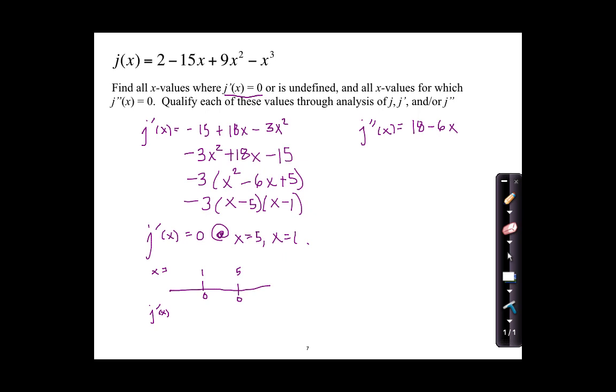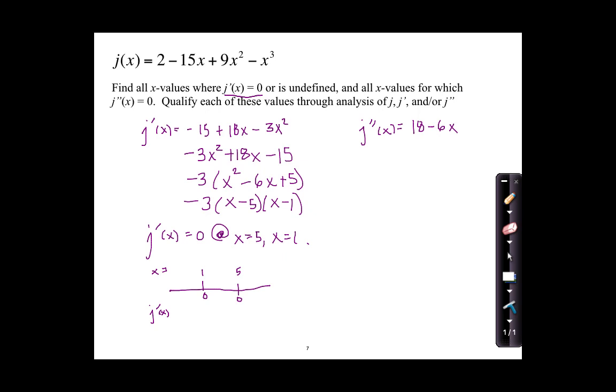In between, like from negative infinity to 1, between 1 and 5, and beyond 5, we can check to see what's going on with j prime of x. And within each of those intervals, since those are the only zeros of j prime of x, as it's continuous, it's only going to be positive or negative within one interval.